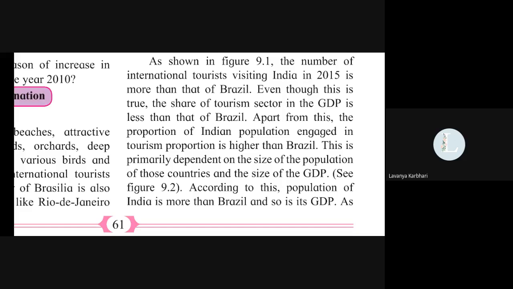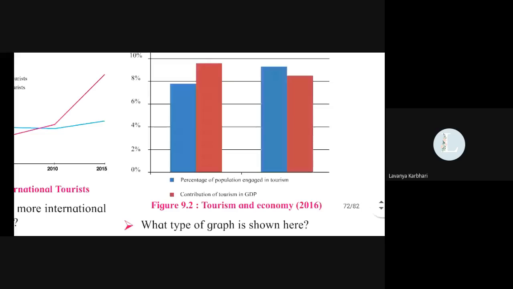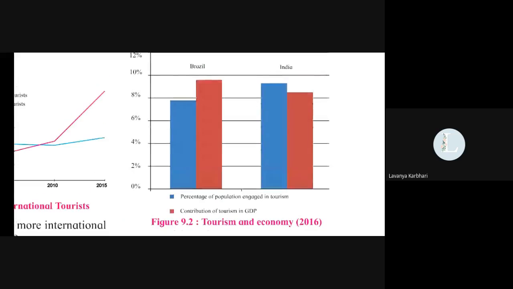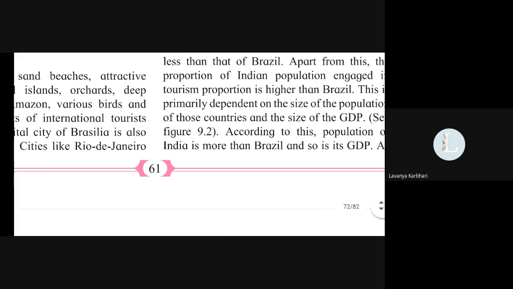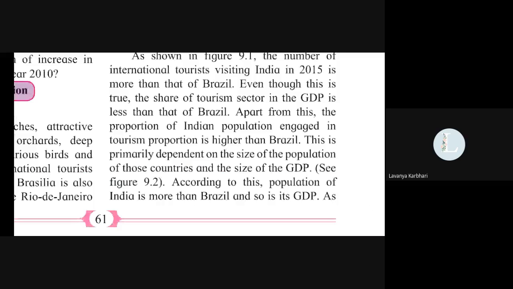From 9.2 you can easily understand that though more people are engaged in tourism in India, they are not contributing more to the GDP than Brazil. Apart from this, the proportion of the Indian population engaged in tourism is higher than Brazil.